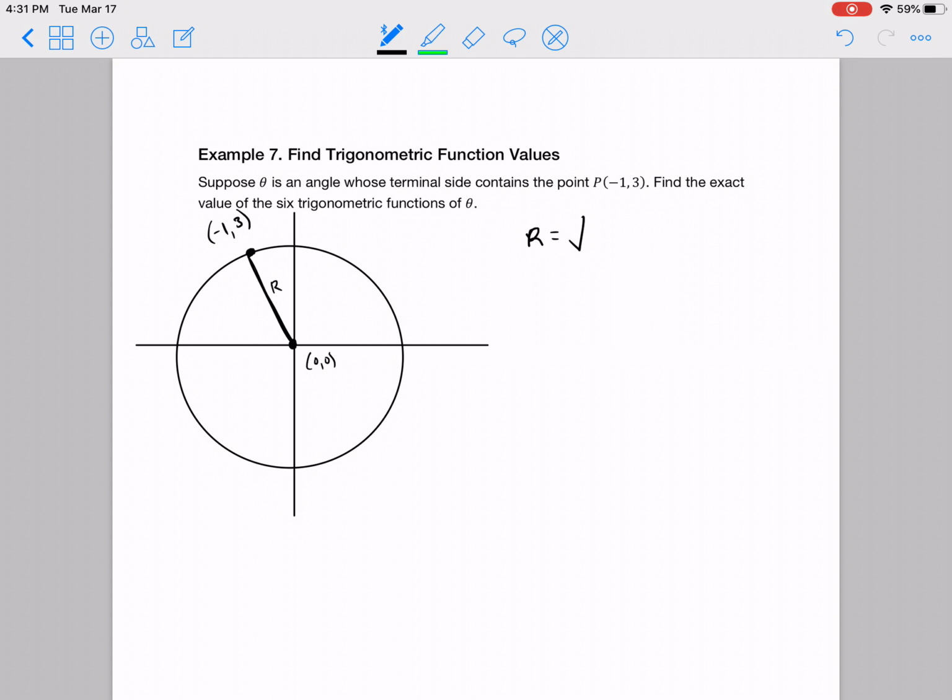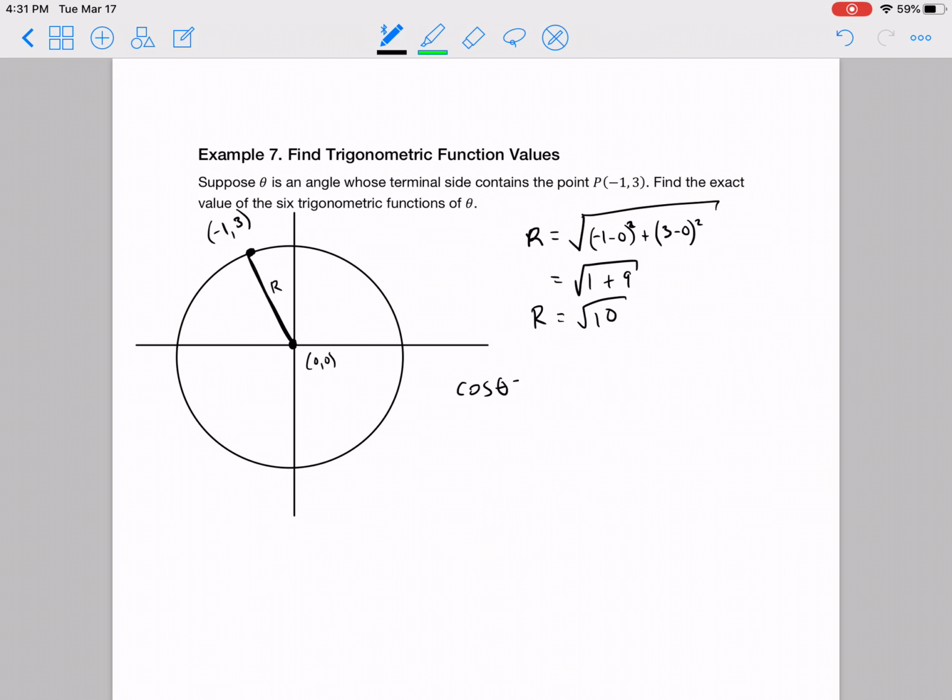So we're going to do -1 minus 0 squared plus 3 minus 0 squared. That gives us -1 squared, which is 1, and 3 squared, which is 9, and we're taking the square root of this. So this circle has a radius of the square root of 10. Okay, so now we can start finding our sine values, cosine values, and everything like that.